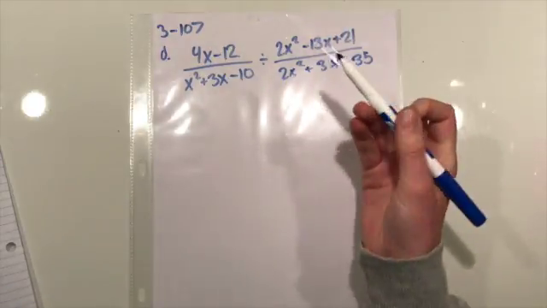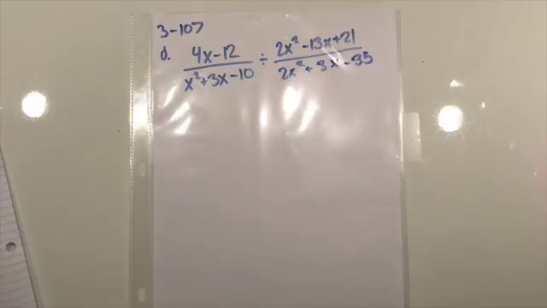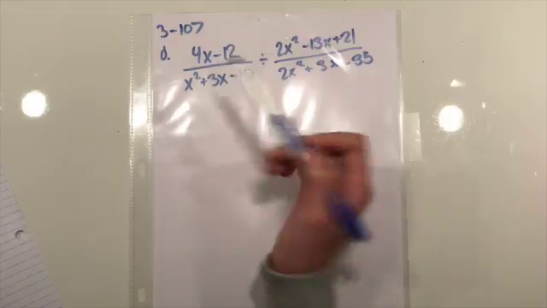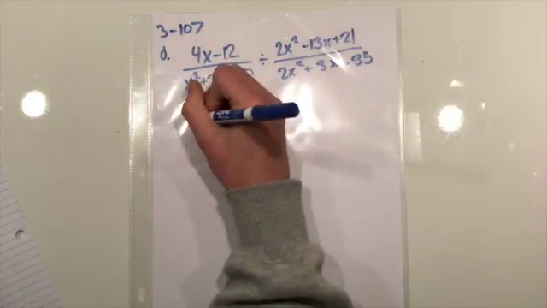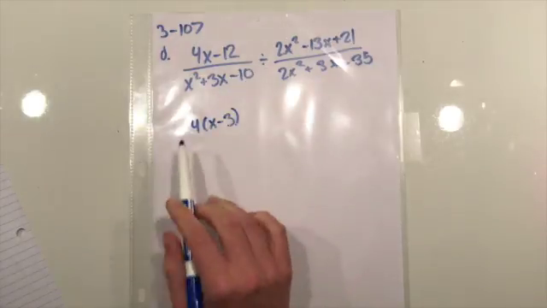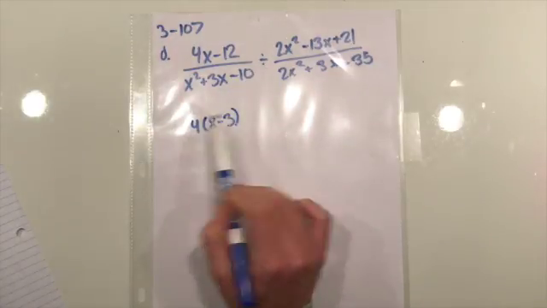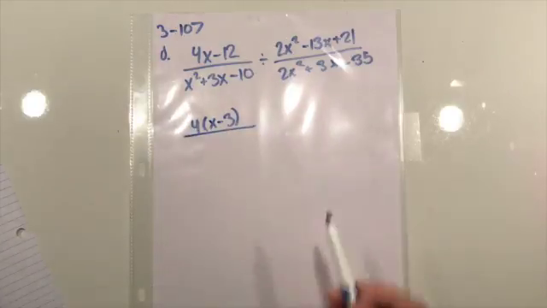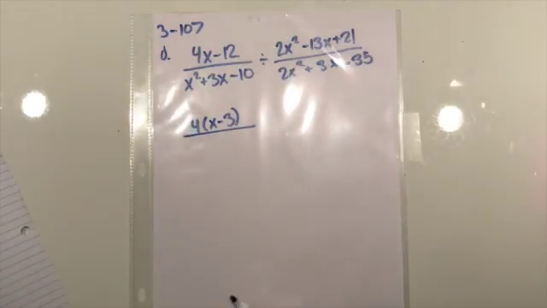This is where you could do the diagonal in the box, which I don't really like to do, but it's a good way to do it. We can take the 4 out of the first numerator, so we get 4 times (x minus 3). If we multiply that back in, it's 4x and 4 times 3, which is 12.